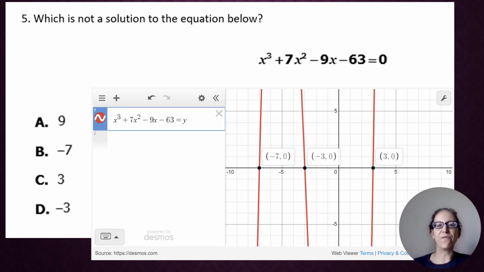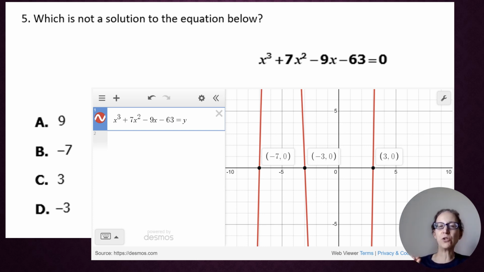And it gives you these vertical lines, but that's the drawback. You can click them, but you can't actually click on what those points are. So in this case, that's probably fine. You've got the 3, so the 3 works, and then you have the -3 and the -7. So +9, which would be over here right above my head, does not work.